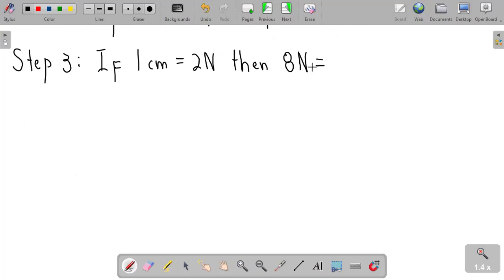We have to divide, isn't it? We have to say this divided by that. So 8 divided by 2 will be 4. So 8 newtons will be equal to 4 centimeters. Okay.